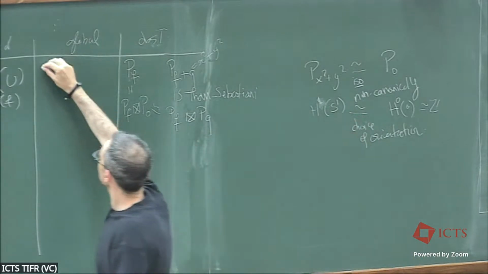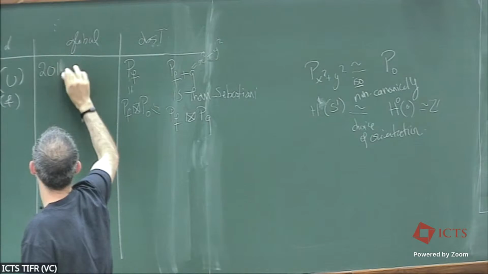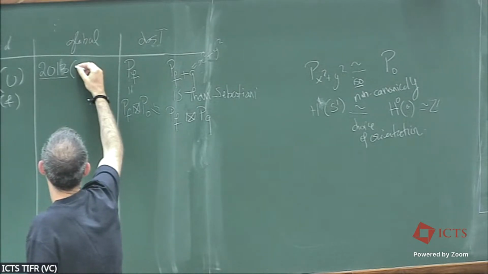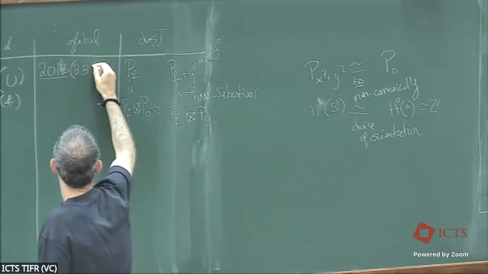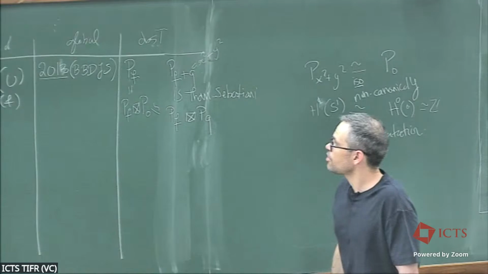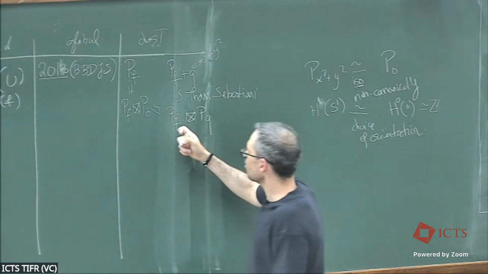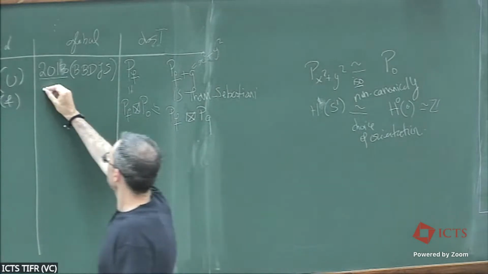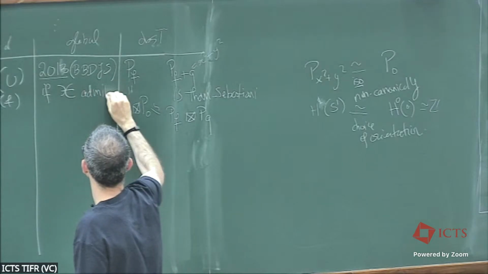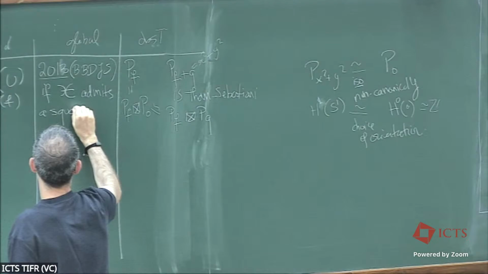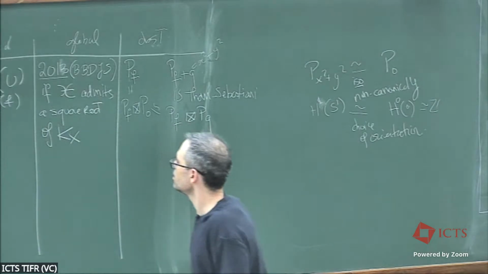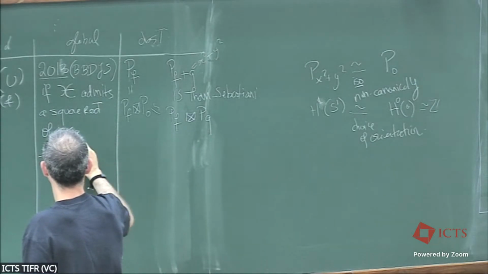And around 2014, or 13 actually, Joyce, Brav, Bussi, so these names here are Brav, Bussi, Dupont, Joyce, and Szendroi. What they proved is that there is a way to solve this ambiguity if the stack where you want to glue admits a square root of its canonical bundle, then the gluing exists.